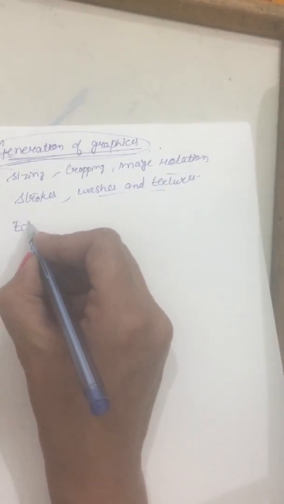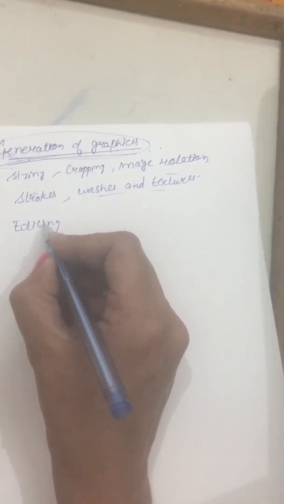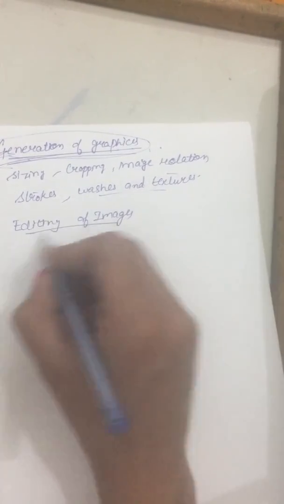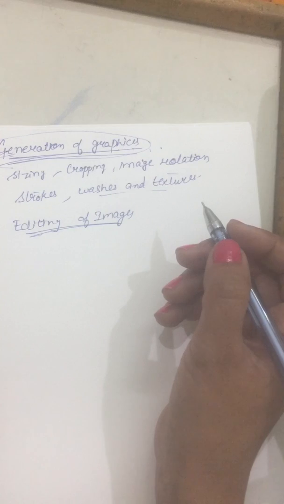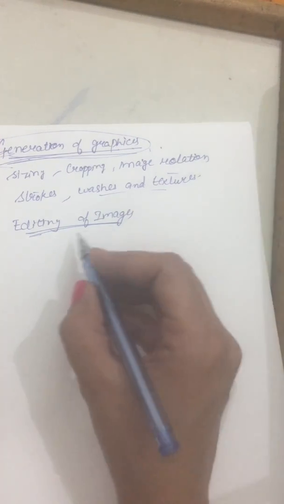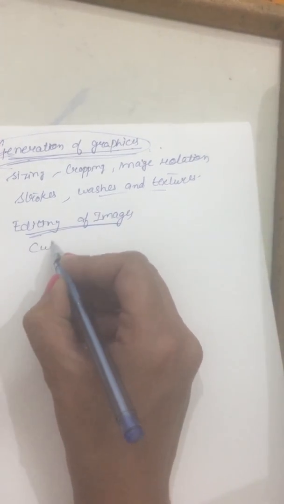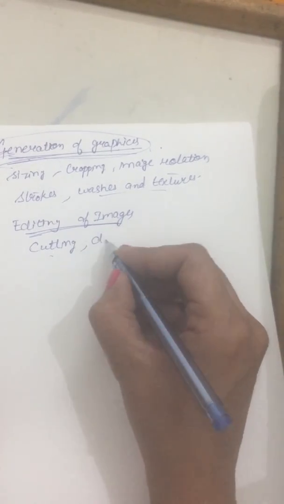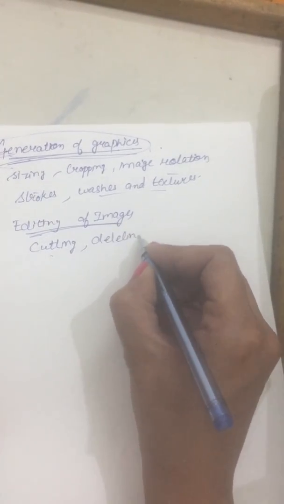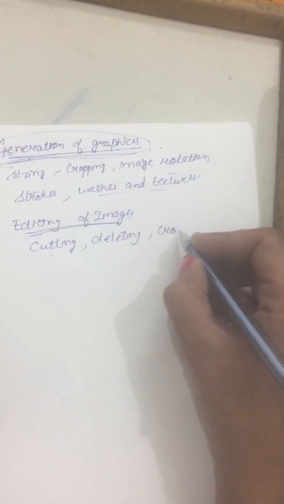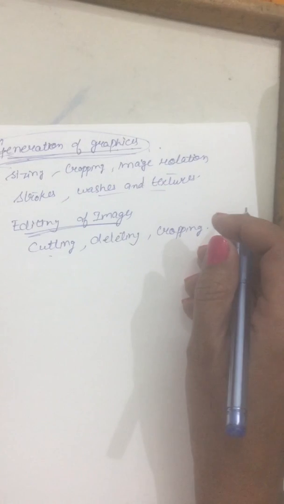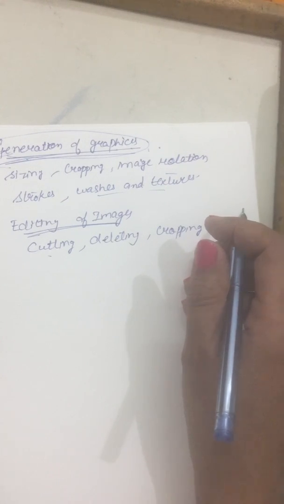And the third capability is the editing of images. What do you mean by editing of images? It means cutting, deleting, cropping, everything. If we want to edit our image, what do we do?